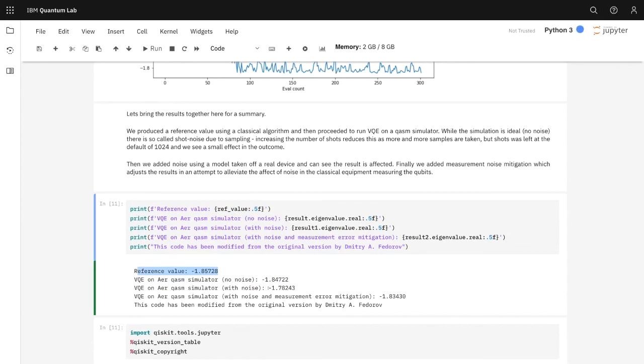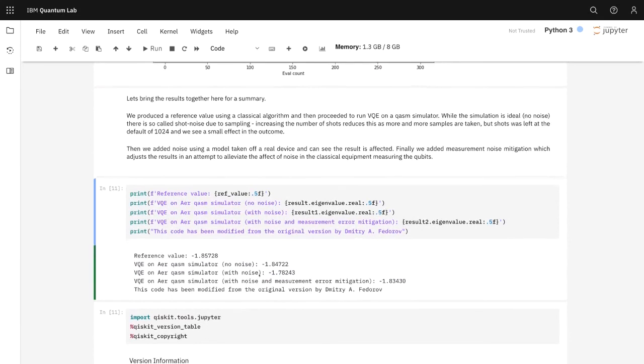When we run with noise, we get a much higher error, but when we run with noise and measurement error mitigation, it gets much better, but still not as close as the noiseless simulation.